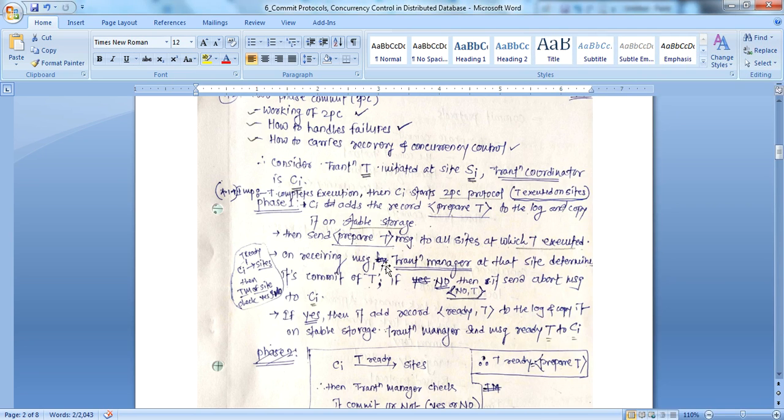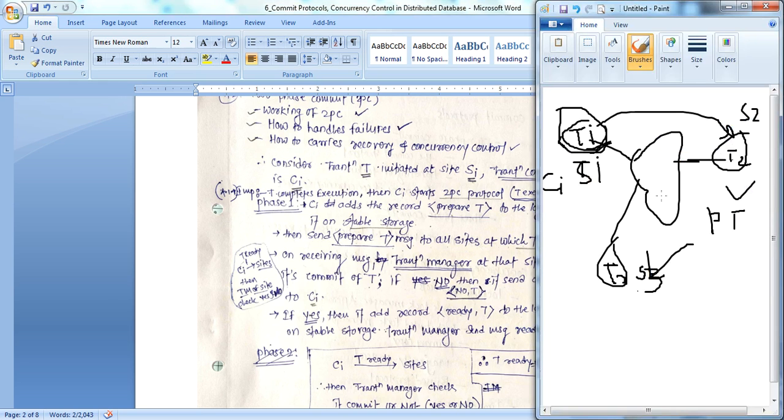On receiving the message, the transaction manager at that site determines whether it can commit T. If no, it sends an abort message, and if yes, it sends a commit message to Ci.